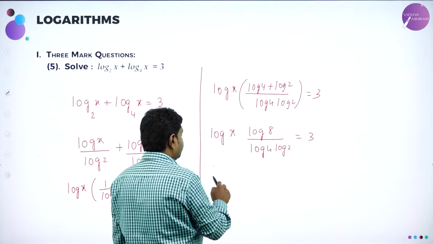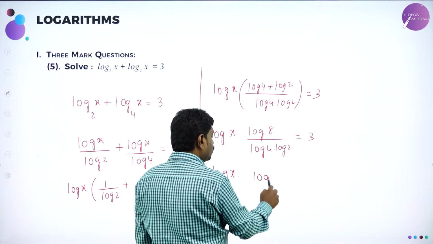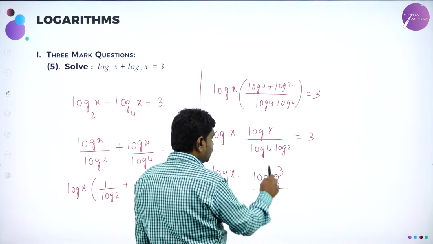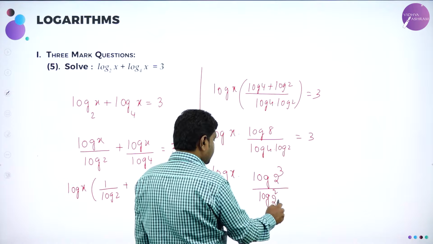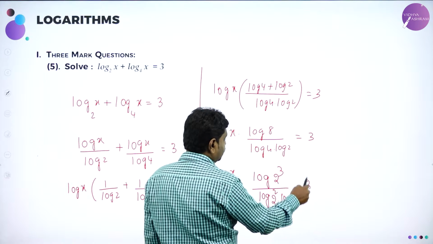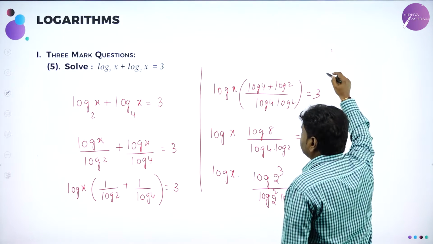Now I'll write log x as it is. Can I write log 8 as log 2 cube divided by, I have log 4. Log 4 I'll write it as log 2 square into log 2 is equal to 3. So that I can simplify the terms.